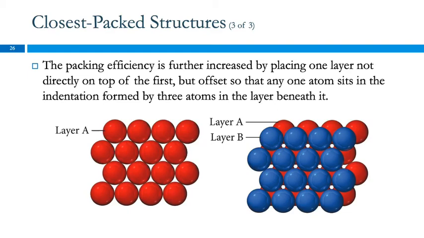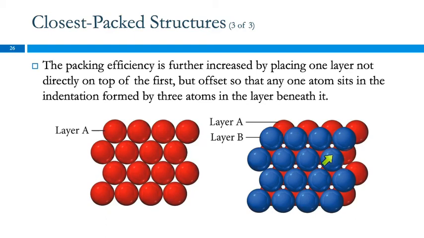Then when you go to put the second layer on, instead of having the second layer directly above the first layer, you let this second layer move over and fall into the indentation from the three atoms below it. So these three atoms here, there's going to be a little indentation here, kind of almost a nest for the next orange to sit on.